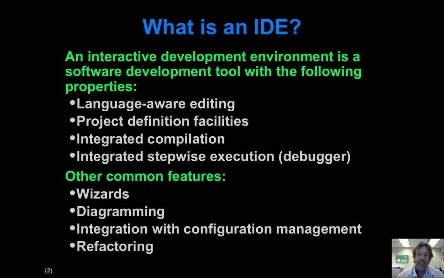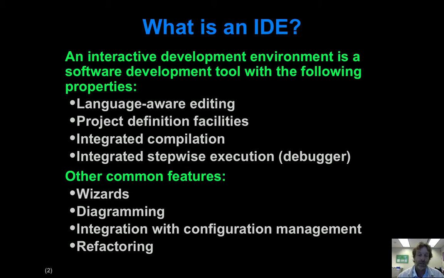There's a lot of other things that IDEs can have that are less essential. They might have wizards for constructing certain kinds of multi-file or multi-part components. It could have tools for diagramming like UML. It could have task analysis. It could have integrated configuration management, and refactoring, which should be a required property of every IDE.